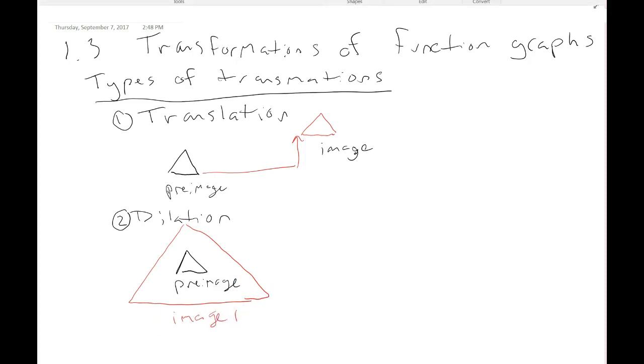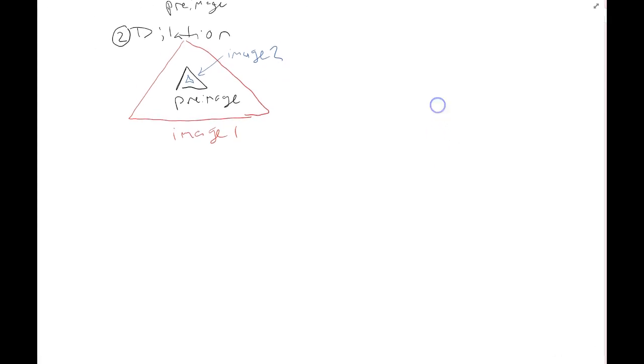Or you could also do a dilation that contracts it. So it's a pretty lousy looking triangle, but you can pretend that it's the same proportion triangle.